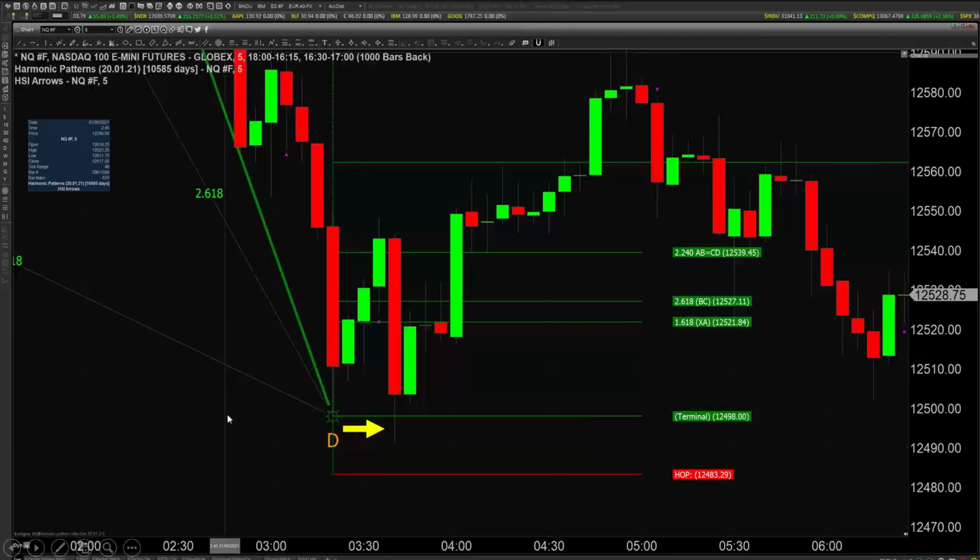So we don't even assess the pattern complete until the close of the bar, and that is the terminal bar. We will look at this, especially tomorrow with execution, we will look at that entire terminal bar range and how we look at things inside of that range, because here's our PRZ, absolutely.